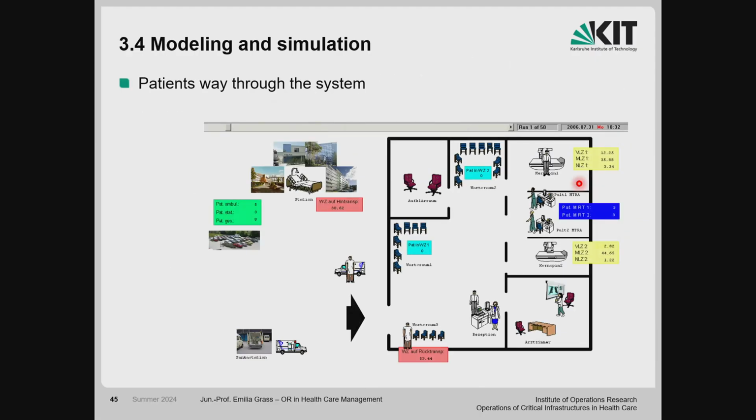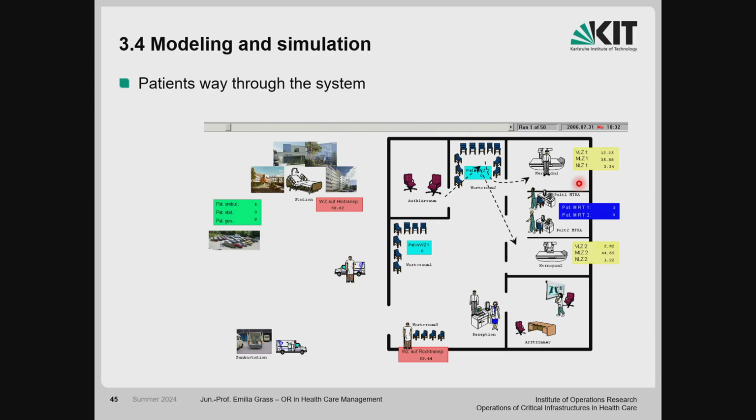Okay, and the patient's way through the system is simply that they go to the reception, then wait for the consultation, signing the documents that they are informed about the risks, then going to the next waiting room and waiting for the MRI scan.